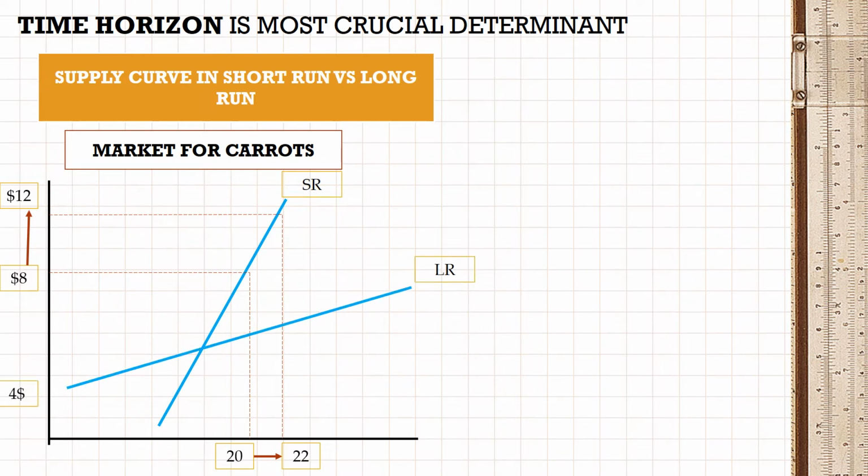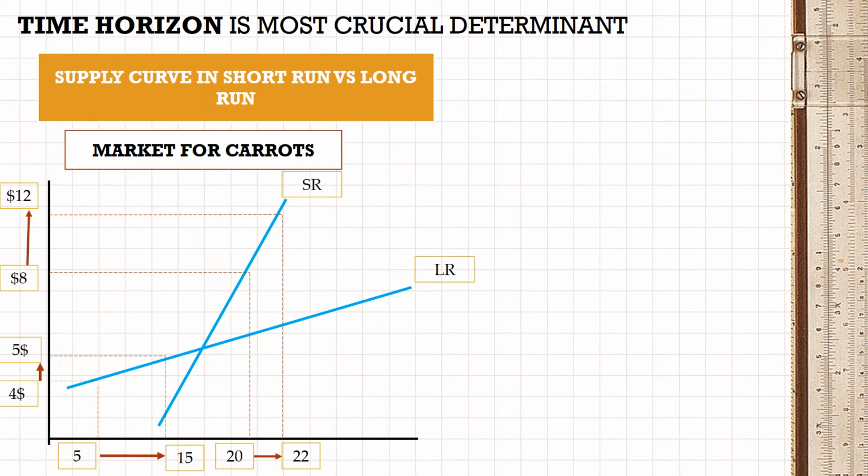But if you look at the same commodity, the market of carrots, and you're talking about long run, if you analyze that it has been a long time that the market price of carrots is rising considerably, then in the long run you can buy maybe more land and you can have more carrots.